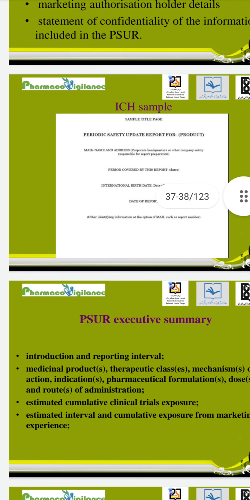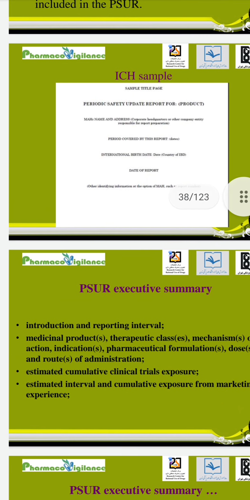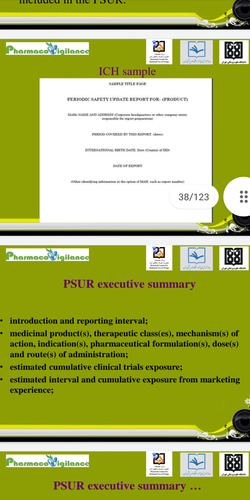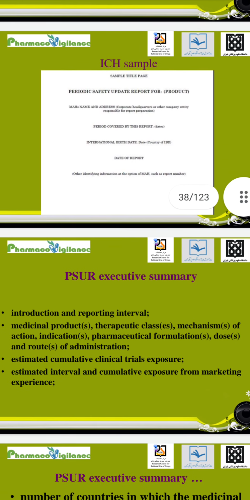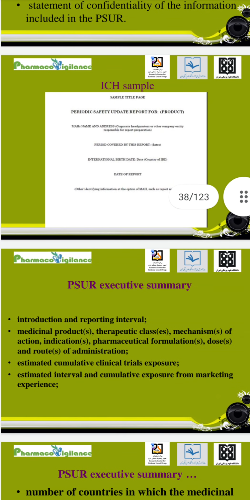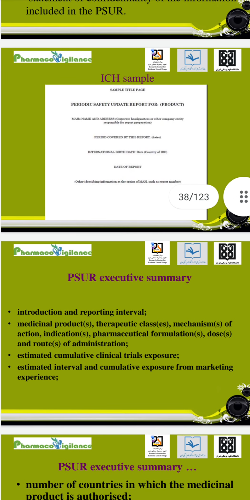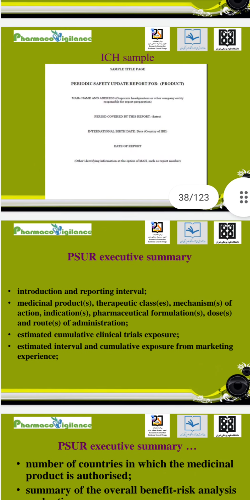Okay, PSUR executive summary, introduction and reporting interval, medicinal products, therapeutic class, and mechanism of action, indication, pharmaceutical formulation, dose, and route of administration. Again, you see, first of all, in the executive summary, we should have an introduction and reporting interval.